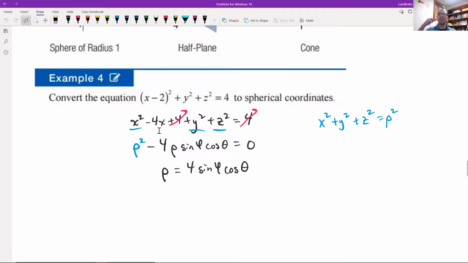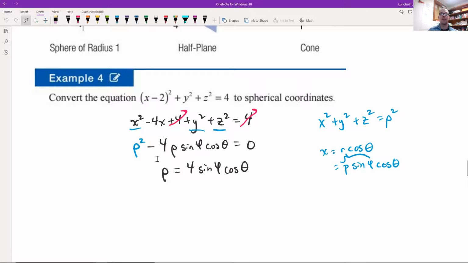Now x, remember, is r cosine theta from cylindrical coordinates, but r is rho sine phi. That's where the -4 rho sine phi cosine theta is coming from, because r is rho sine phi according to that triangle relationship that we just looked at.